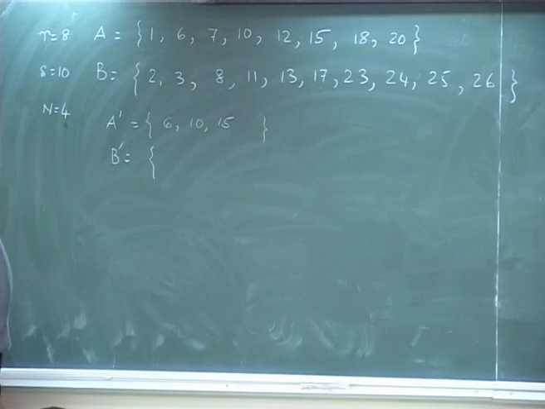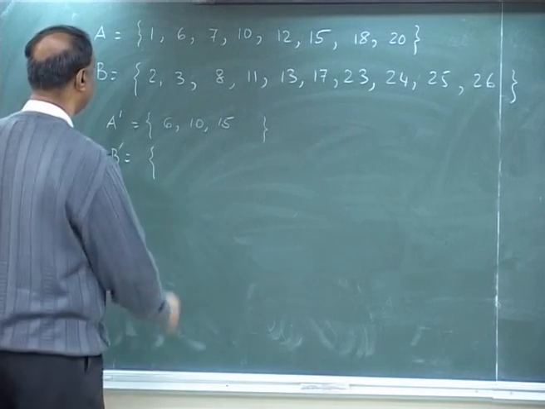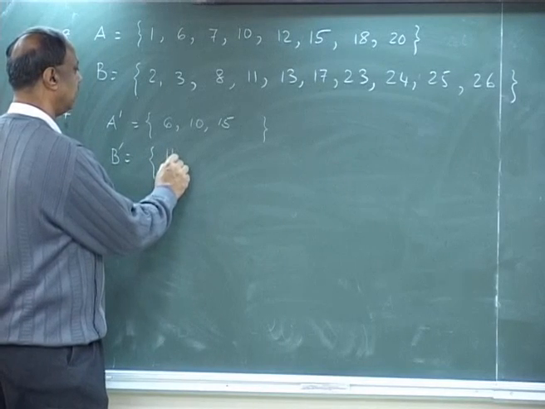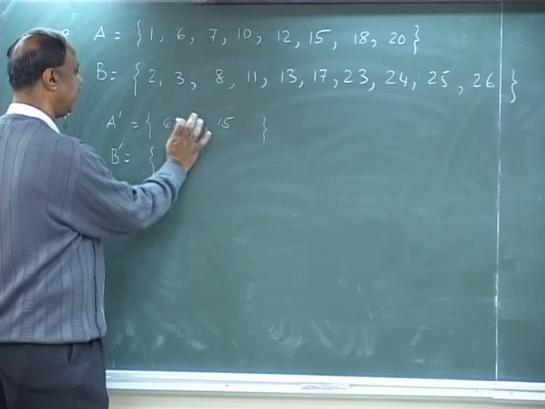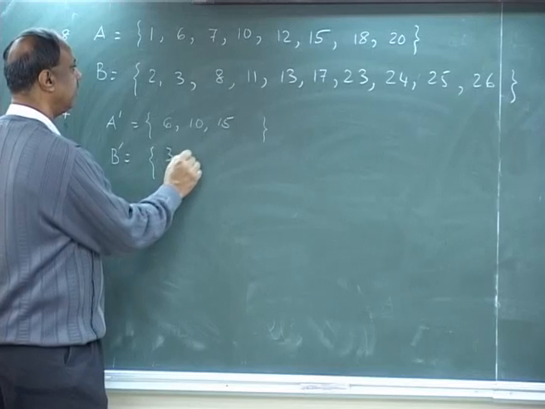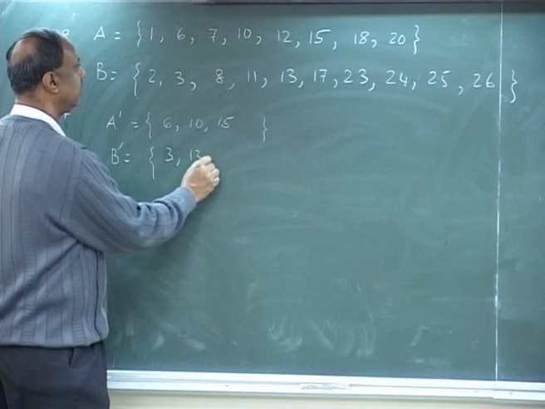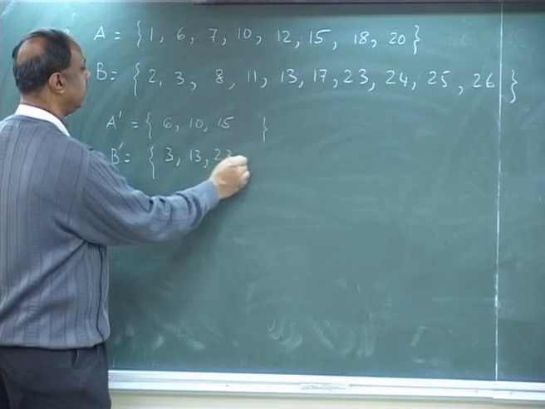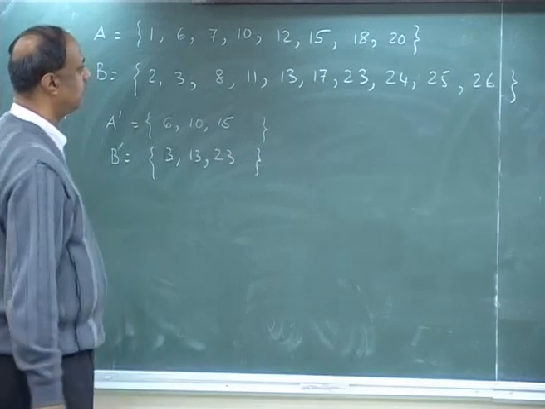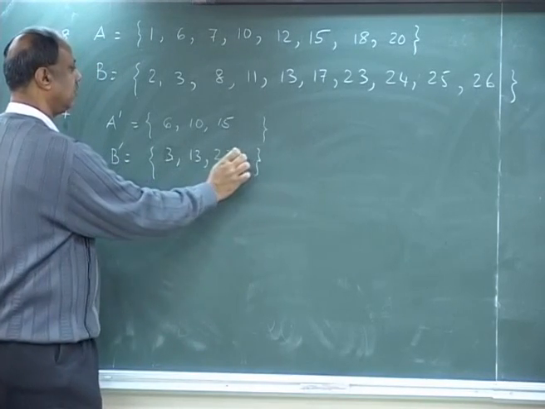What about B? 10 divided by 4, so 2. So 2 into 2 first is the 4th element, right? What will I write here? 3, 13, 23, 24.